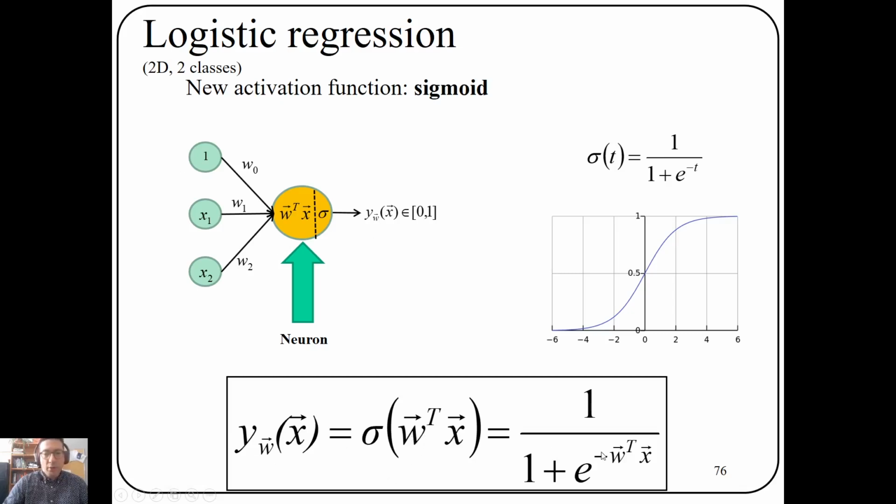So again, if the dot product returns 0, which means that the point x1 and x2 falls onto the line, the red line that we have mentioned before, then we'll have sigmoid of 0, and sigmoid of 0 is 0.5. So the output of the neural network would be 0.5. And if the dot product is very positive, then the output of the network will be close to 1. And if it's very negative, the output will be close to 0.